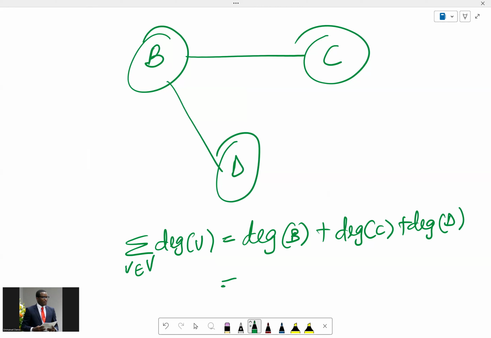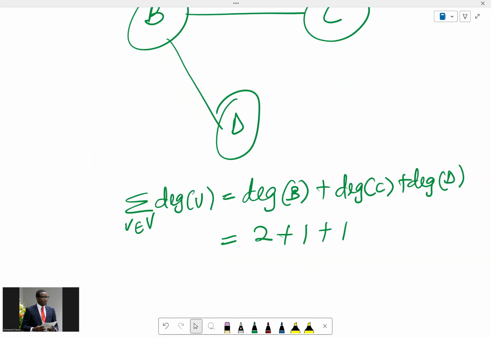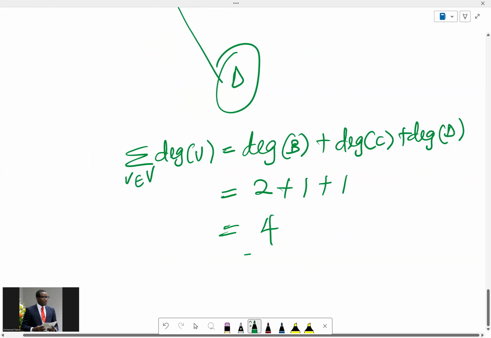So Bose has 2 connections. You can even imagine it as a social media thing. The degree of C is 1, because Chioma has only 1 friend and Dunia also has only 1 friend. So that is actually 4 in all, right?